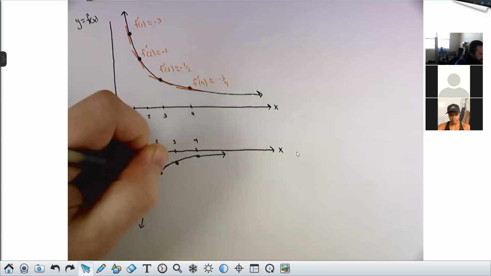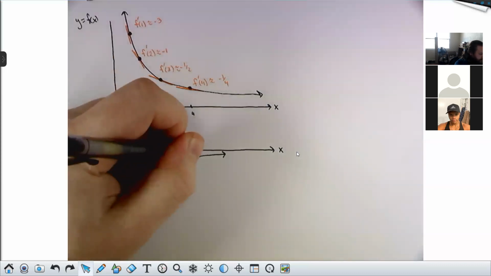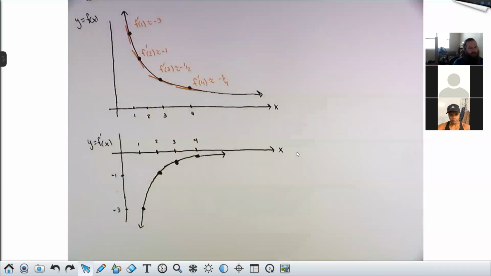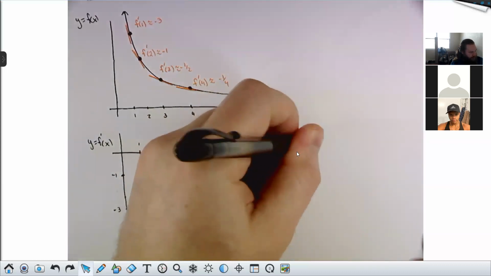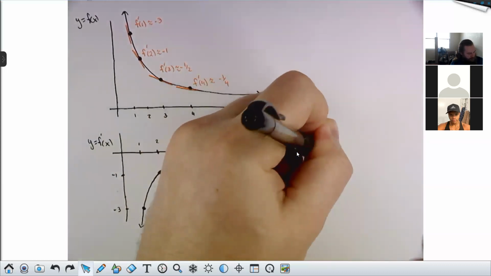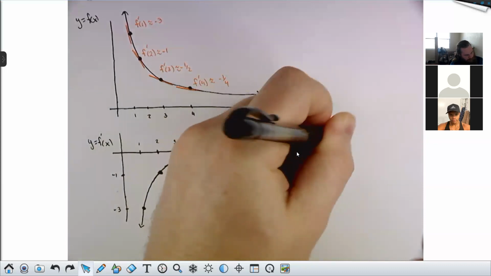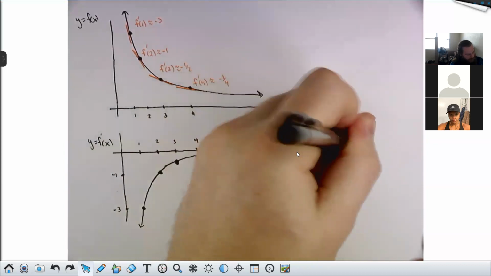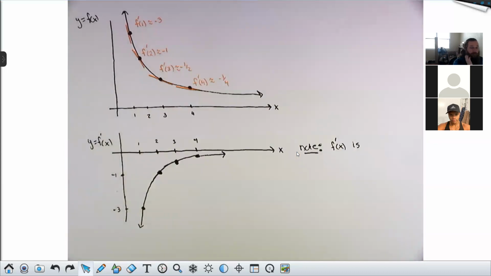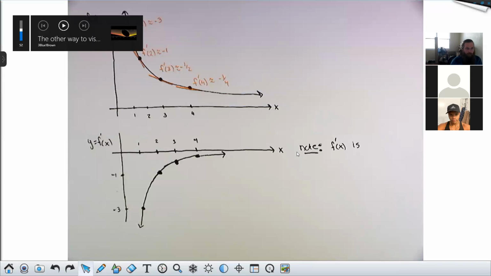So thinking about the stuff that we've been doing today, increasing, decreasing, what would you say about f prime here?